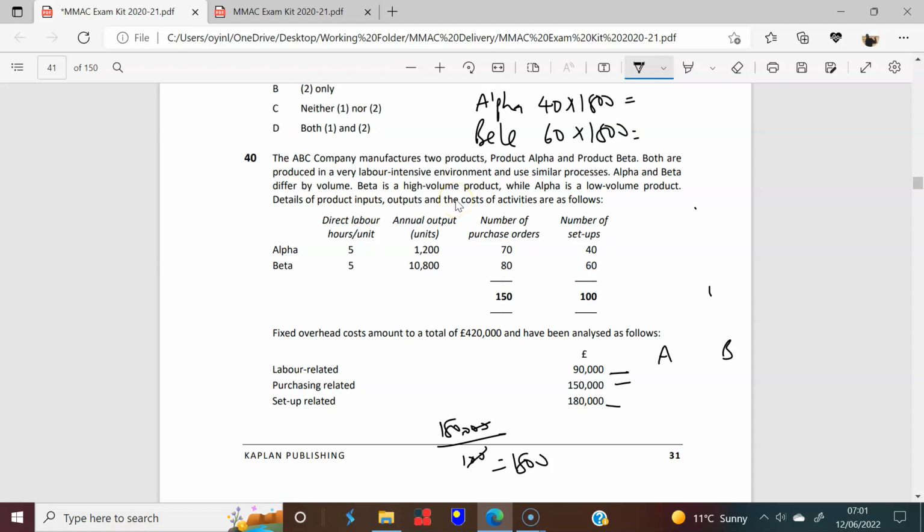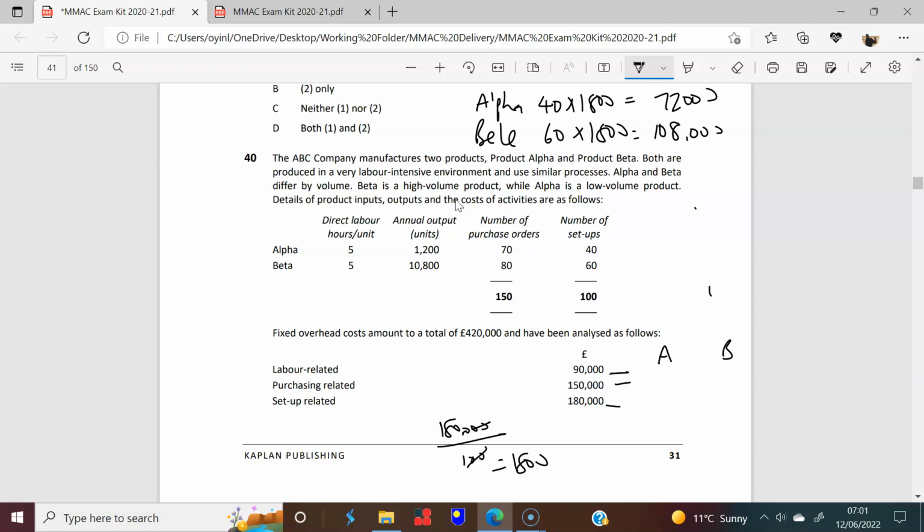That's how we would share that cost. I'm just going to do these in separate places. I think you should be fine with my disorganization on the page by now. 72,000, and then beta 60 times 1,800 is 108,000.